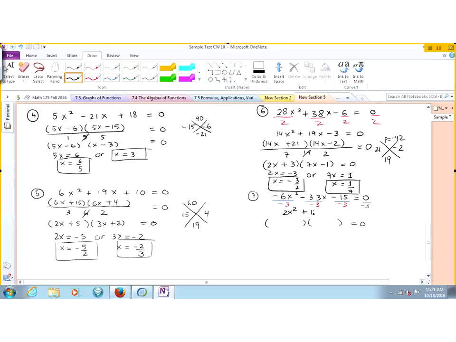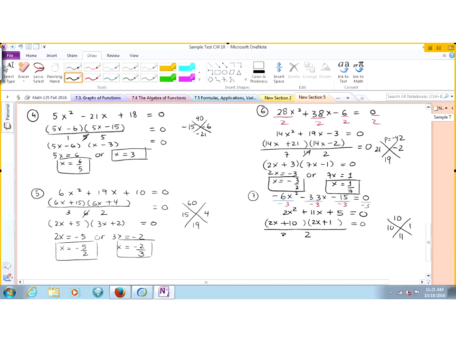So what am I left with? 2x squared plus 11x plus 5. Oh yeah, that makes it a lot easier, right? Okay. So what's the product equal to? 10. The sum. Okay. What are the two numbers? Okay, so this is 2x divided by 2, and then plus 10 plus 1.